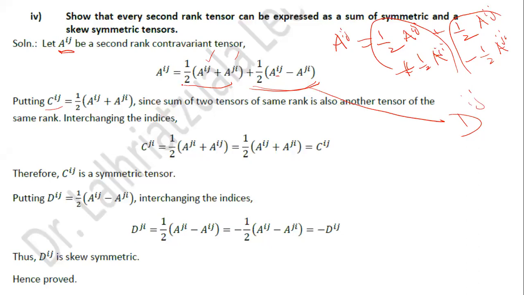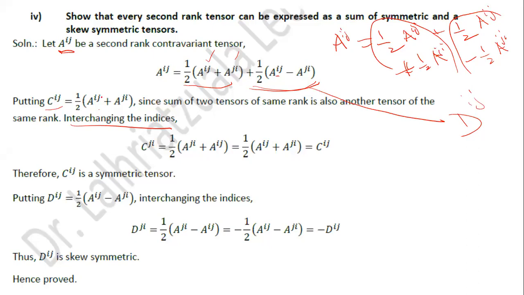So if you consider the first part, which is addition of two contravariant tensors of same order, same rank, you will get this new contravariant tensor of same rank. Now, Cij is this. Now, let's say you interchange the indices. Let's say you interchange the indices, that is Cij, you write it as Cji, interchanging the indices here.